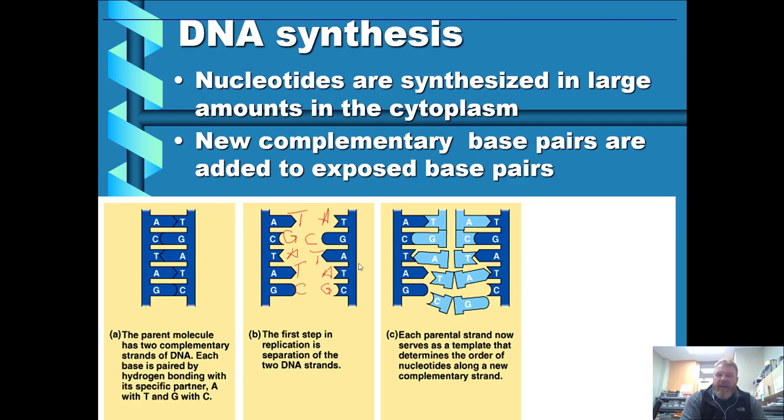So what we end up having is 2 identical strands when all is said and done. As you can see here, AT, CG, TA, AT, GC, boom, okay? Exact same thing over here. These 2 are identical. This is done with an efficiency rate of 1 mutation, or 1 mess up, in 1 trillion, okay? That's a lot. So our DNA is pretty good at this.